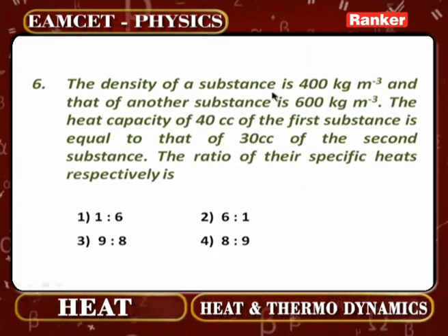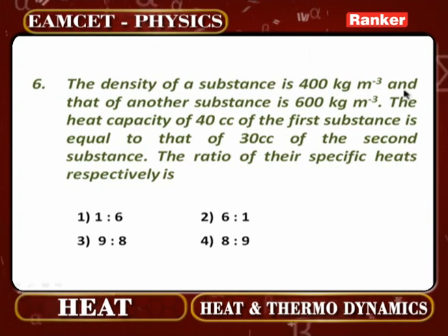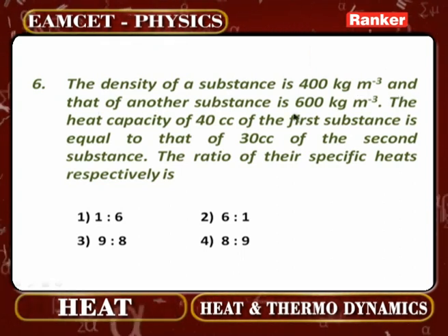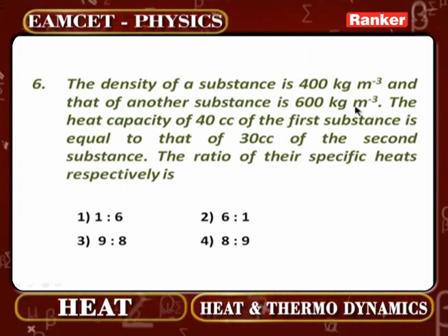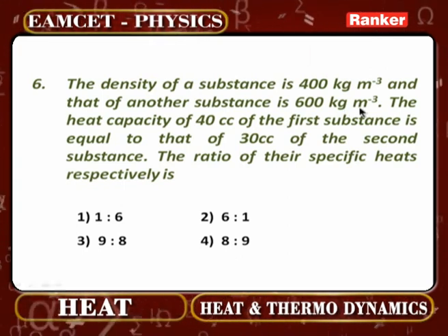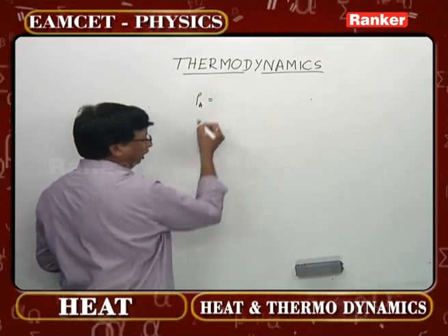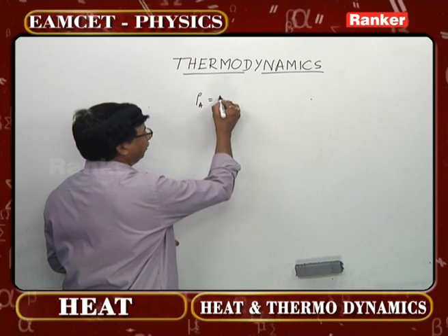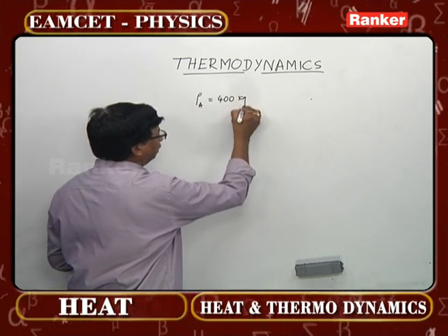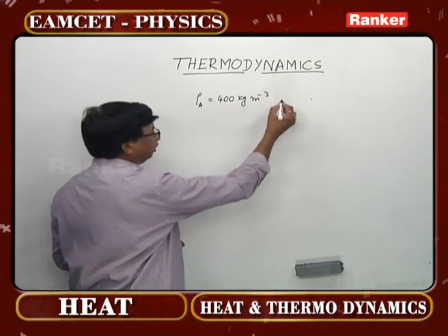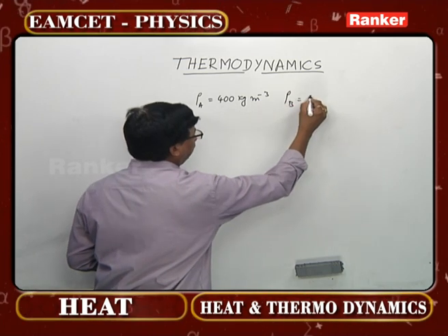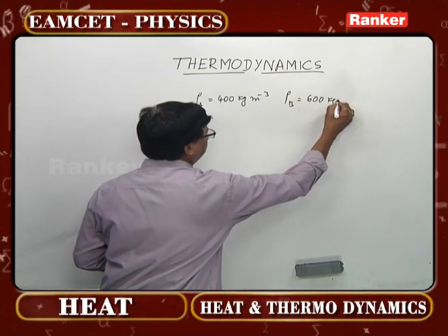The density of a substance is 400 kg per meter cube and that of another substance is 600 kg per meter cube. If you look at these two values, the density of the first one, I take it as A. It is given as 400 kg per meter cube. What about the second body? It is 600 kg per meter cube.